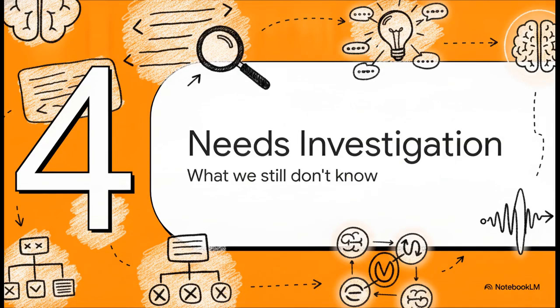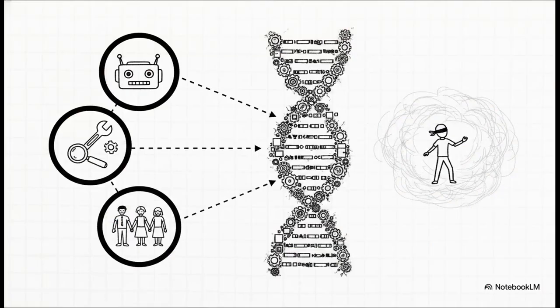So, the crucial point here is the undeniable need for investigation into what we still just don't know. We literally have three massive shifts colliding all at once in the tech world right now. We've got the rapid emergence of agentic AI practices, the rise of these complex multi-tool environments, and this huge influx of non-traditional coders.